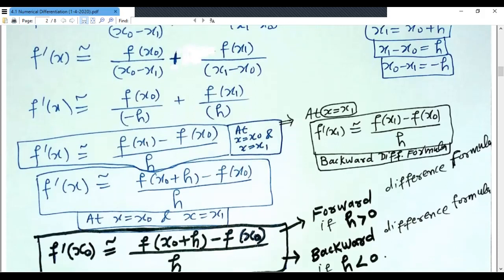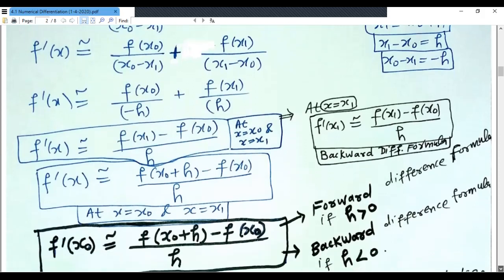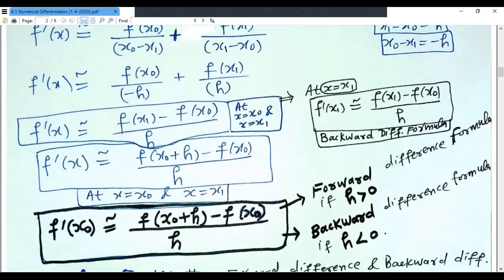We can put x equal to x naught or x equal to x1 in this to find the derivative of the function at x naught or x1. If we put x naught for x, this will give us the forward difference formula, and if we put x equal to x1, this will give us the backward difference formula.